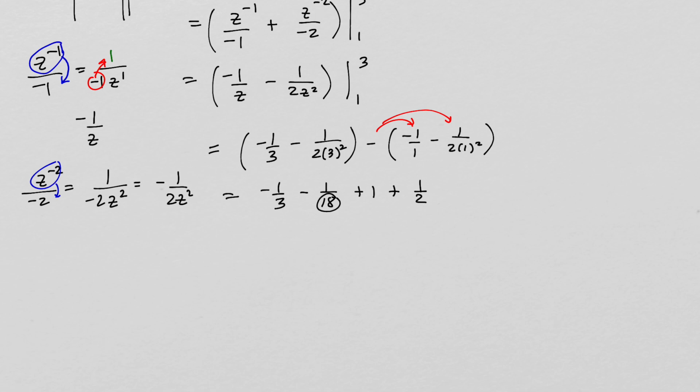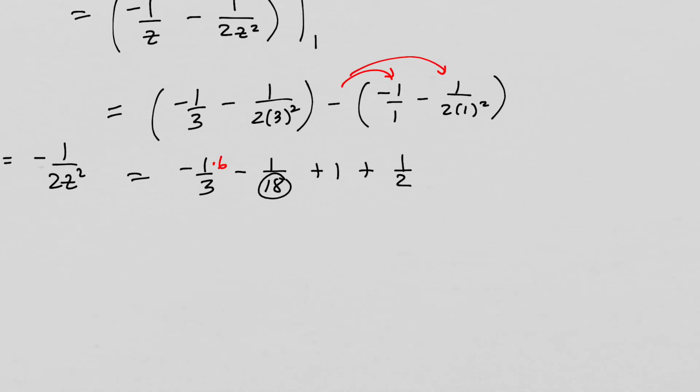Our common denominator will be 18. What I need to do here is multiply by 6, top and bottom. So this will give us negative 6 over 18. And then we have minus 1 over 18. Plus 1 is like 1 over 1, so I can multiply by 18 over 18, and when I do that, I get 18 over 18.